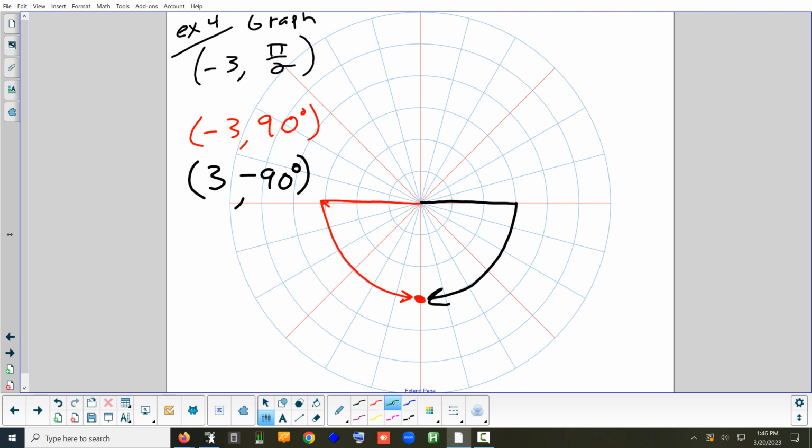So there's a second way. Okay. So what would be a third way? 3, 270. So 3, 270, that would mean right 3, and then rotate 3/4 of the way around in that direction.